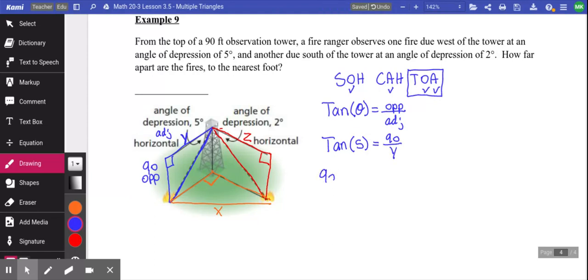Because y is on the bottom, this will be division. So 90 divided by tan of 5 equals y. That means that the distance to the fire for that side would be 1028.7.